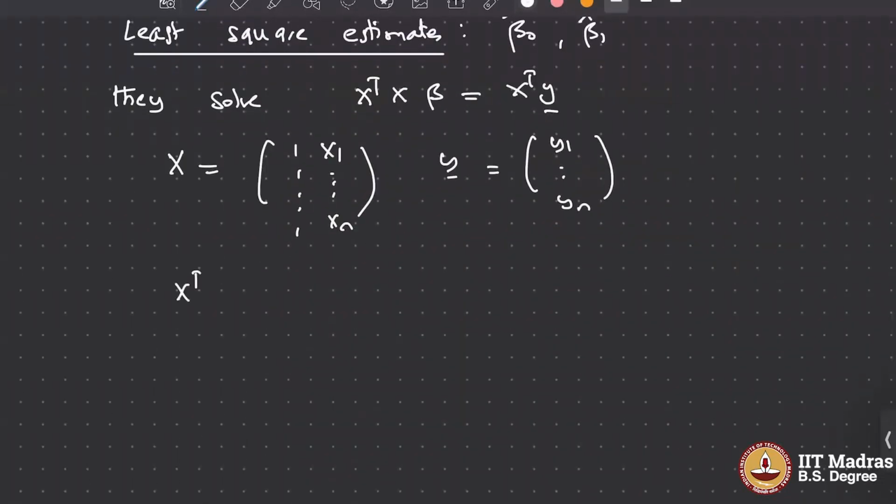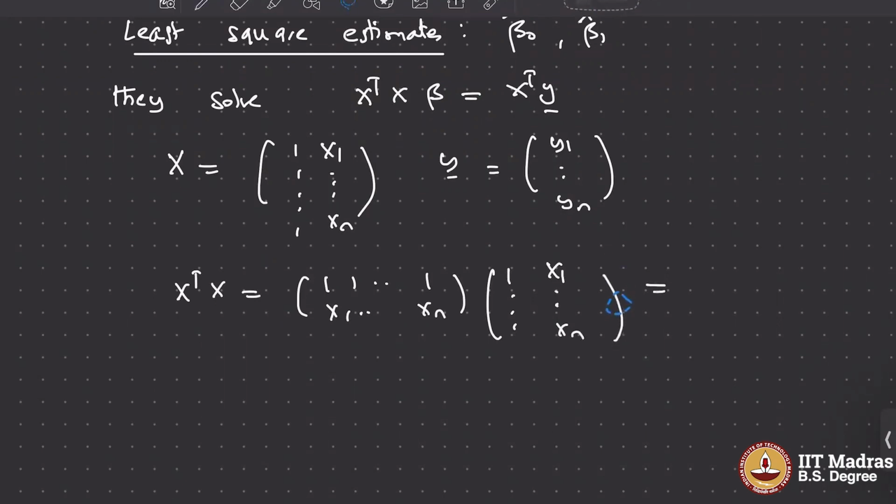X transpose x would just be, again, 1, 1, 1 all the way, x1, x2, xn all the way, times x, which is 1, 1, 1 all the way and then x1 to xn. And this would give you, just do a simple calculation. The first one will be n. The second one will be summation i equal to 1 to n of xi, right?